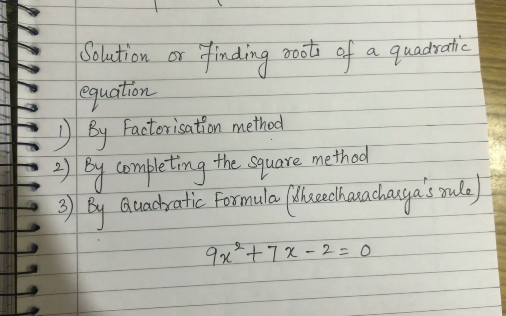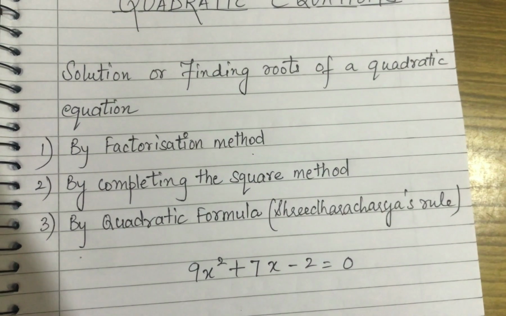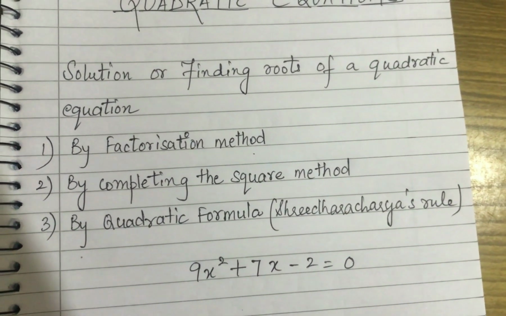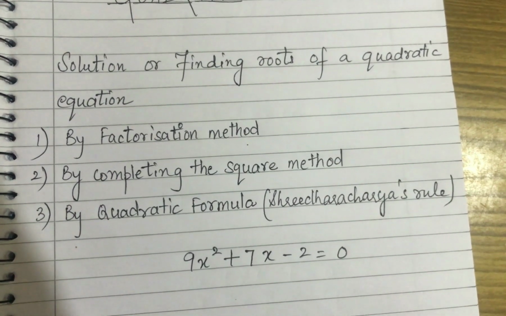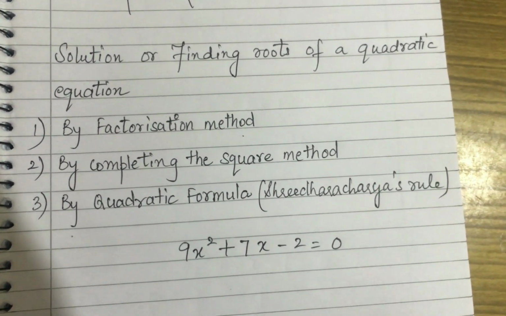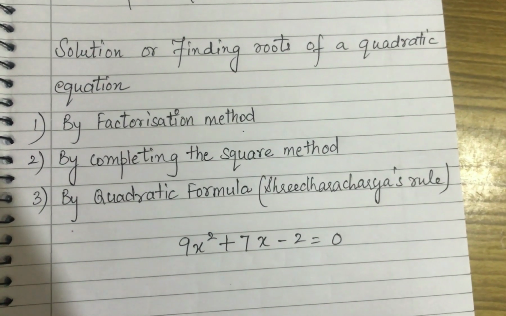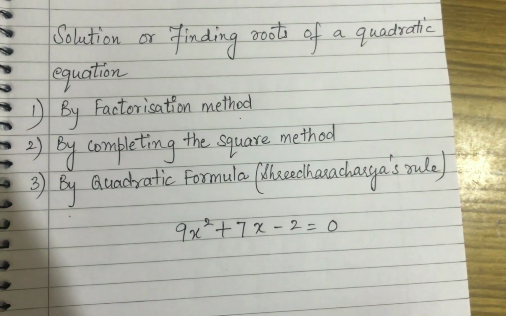There are three methods to find the roots, and those three methods are factorization method, completing the square method, and quadratic formula. Or we can also say this method as Sridharacharya's rule. Since the spelling and the pronunciation is quite complicated, you can always call it quadratic formula only.